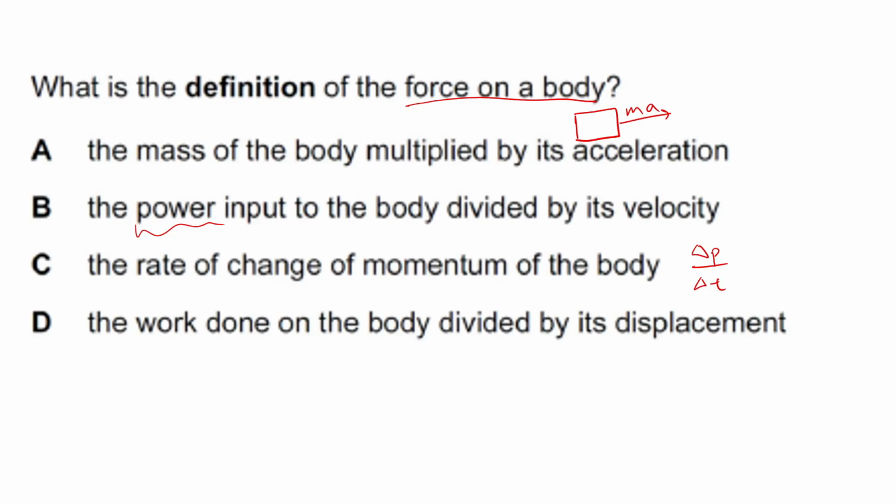This may be it. And then for D, the work done by the body divided by its displacement. So work over d. I think for this answer it's going to be C, because it's talking about momentum, right? Momentum is when the body moves despite inertia. So in this case, it's going to be C.